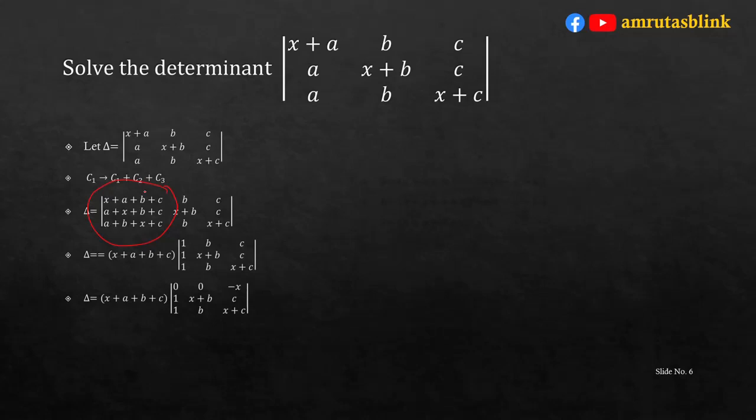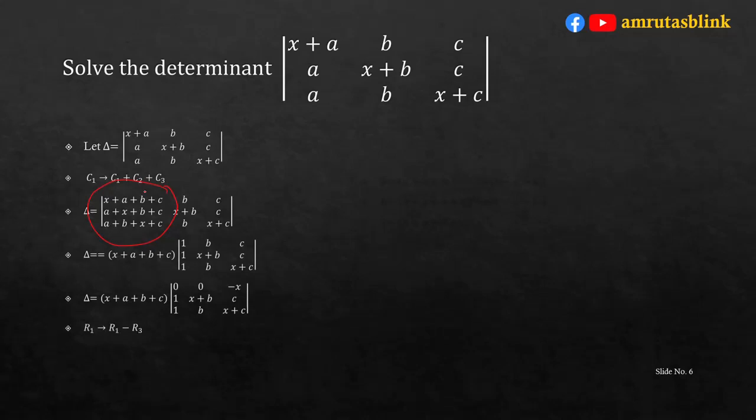Now, we will apply the row transformation as R1 will become R1 - R3, that is 1 - 1 is equal to 0, b - b is equal to 0, and c - (x + c) is equal to -x. Hence, delta will become x + a + b + c into determinant 0, 0, -x; 1, x + b and c; and 1, b and x + c, that is row 2 and row 3 as it is.